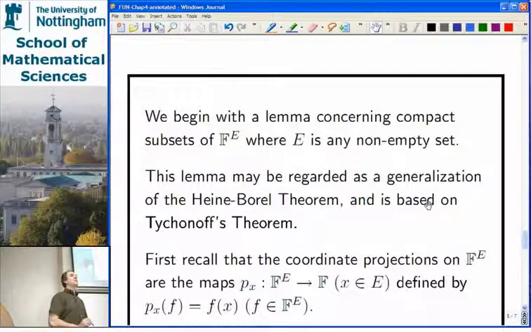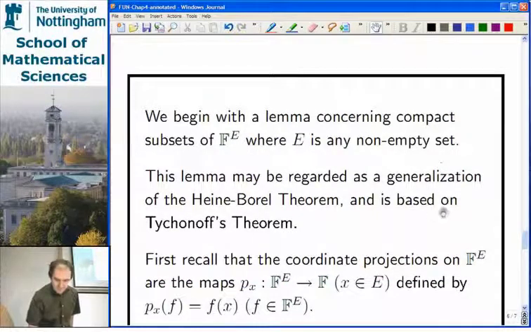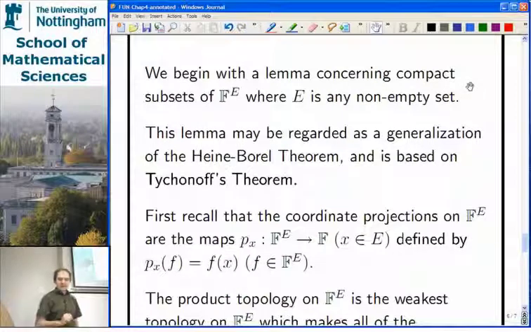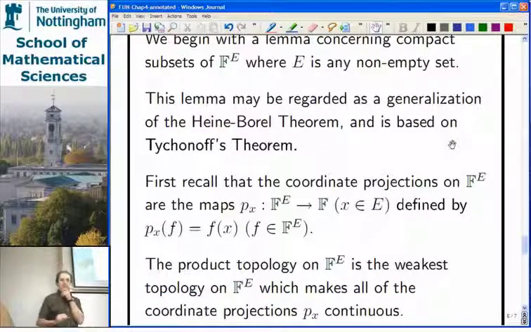So to prove the Banach-Alaoglu theorem, which is our main task today, we need a lemma about subsets of this product topology, where just for the moment, E will be any non-empty set, though we're really interested in it when E is a normed space. And this sort of generalizes the Heine-Borel theorem based on Tikhonov's theorem.